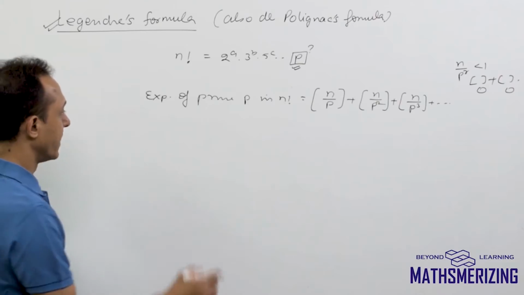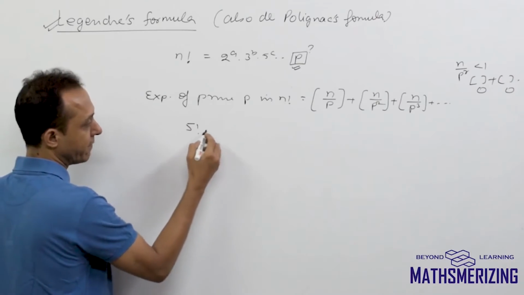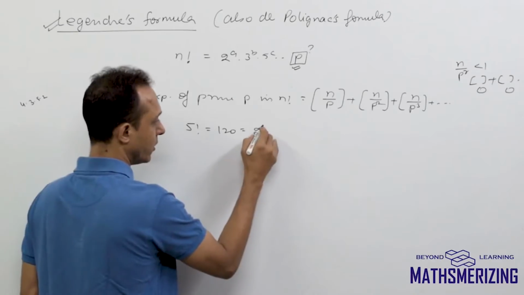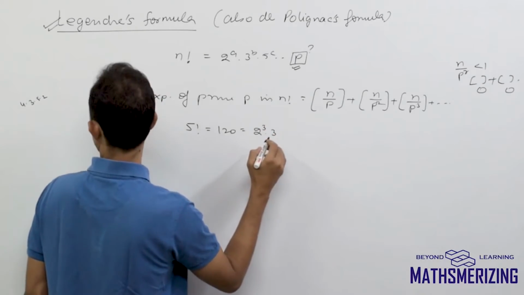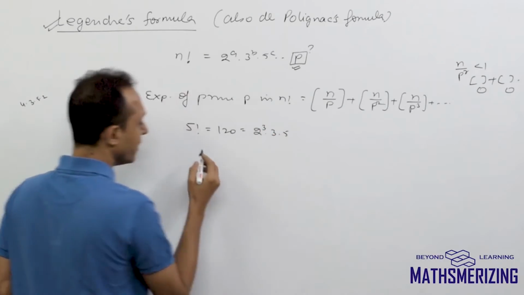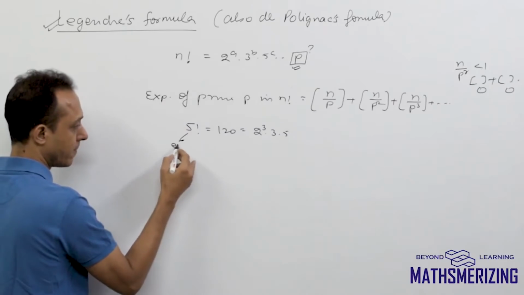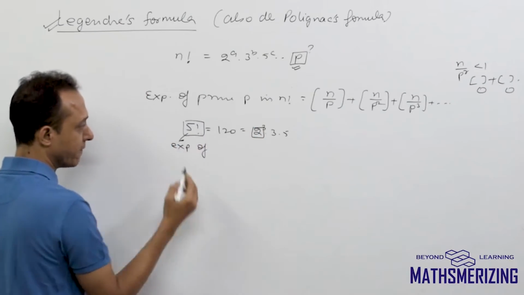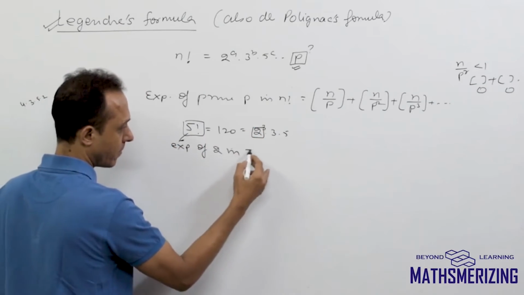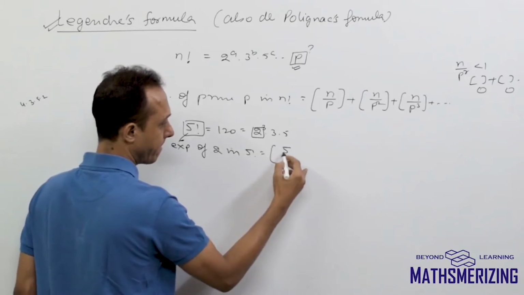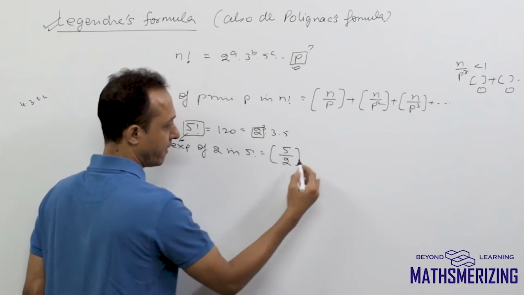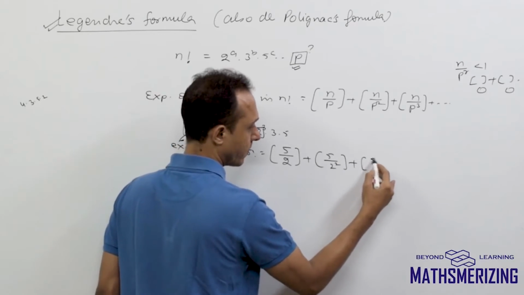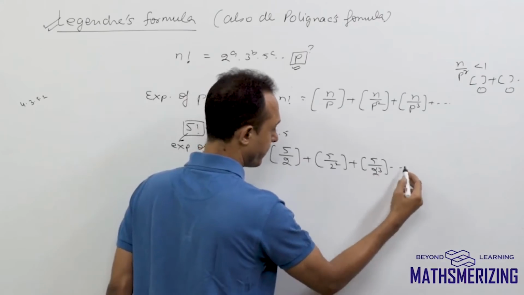Say for example, suppose I have factorial 5, and factorial 5 as we know is 120, which is 2 cube into 3 into 5. Now suppose I want to find the exponent of 2 in factorial 5. So it will be given by 5 upon 2, 5 upon 2 square, 5 upon 2 cube.